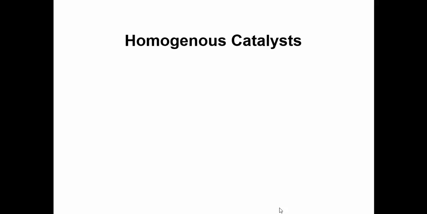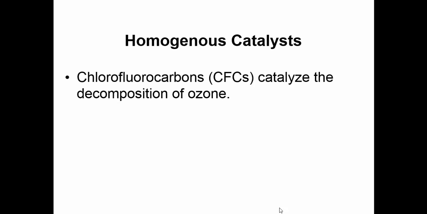Now, homogeneous catalysts are ones in the same phase. When you use aerosprays like hairspray that are under pressure, they use CFCs, which are chlorofluorocarbons. The CFC molecule is a catalyst that breaks down ozone, which is why we're punching holes in the ozone layer, which is a problem because it blocks UV light.